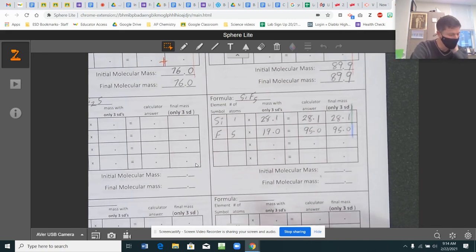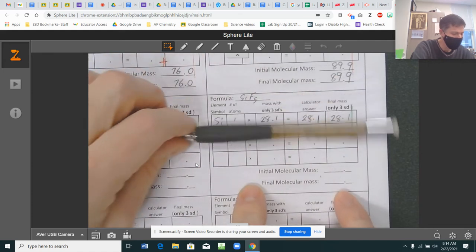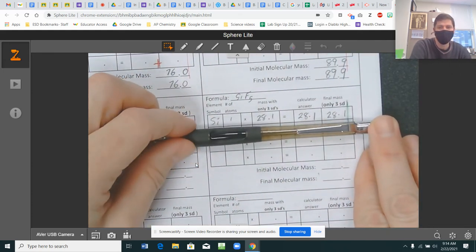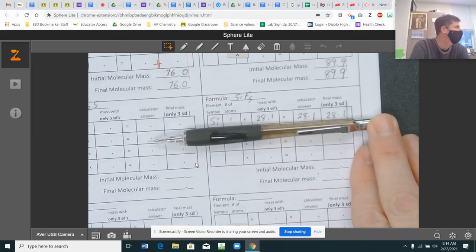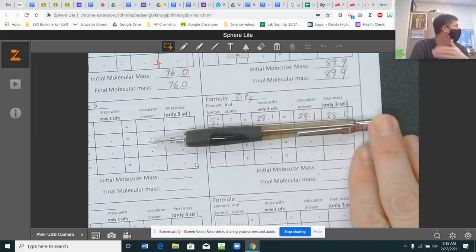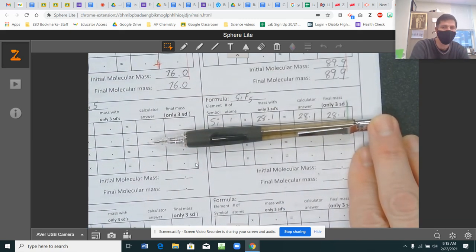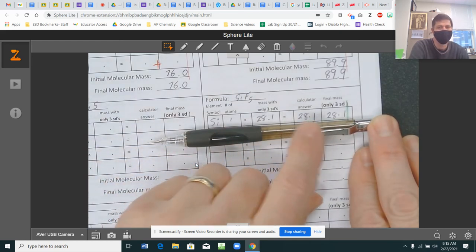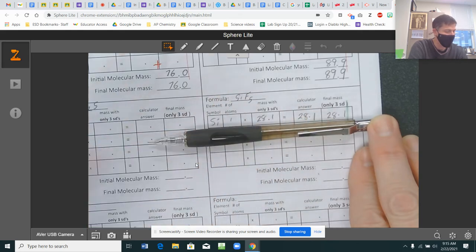Okay, looking at this, we got that silicon, 28.08. We go to 3 sig digs, 28.1. Keep 3 sig digs. We figured out the fluorine on that is incorrect. It should be 18.998.